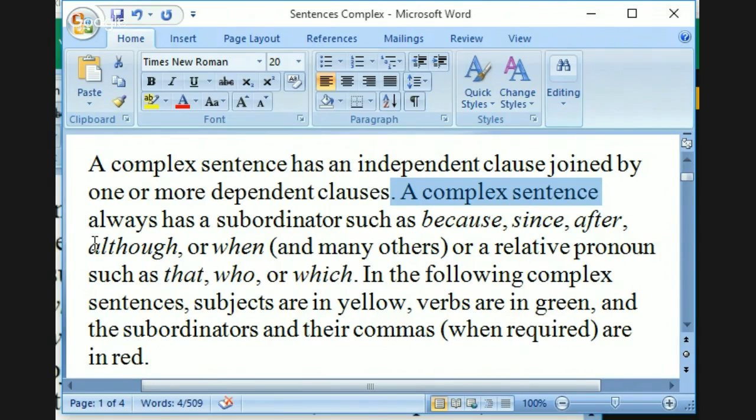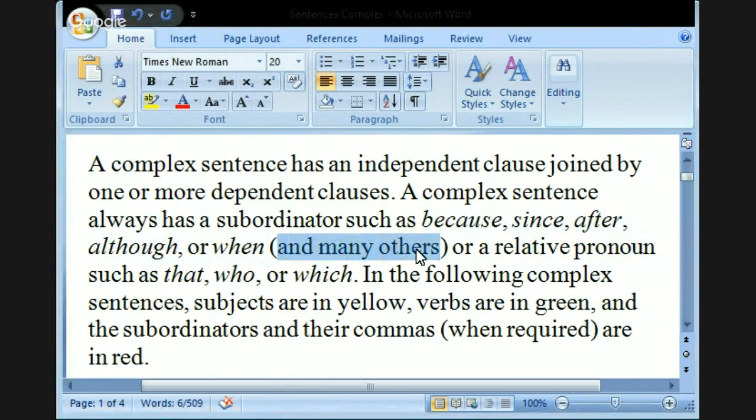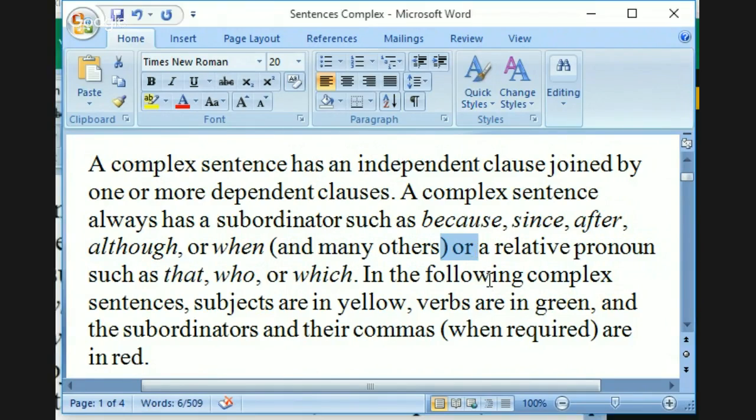A complex sentence always has a subordinator, also known as a subordinating conjunction, such as, for example, because, since, after, although, when, and many others. Another type of complex sentence has a relative pronoun, such as that, who, or which.